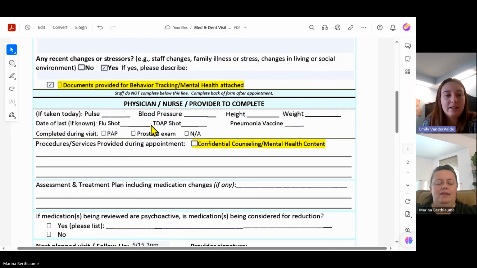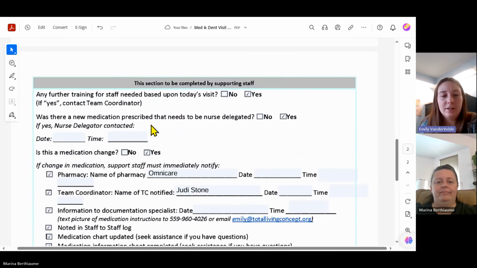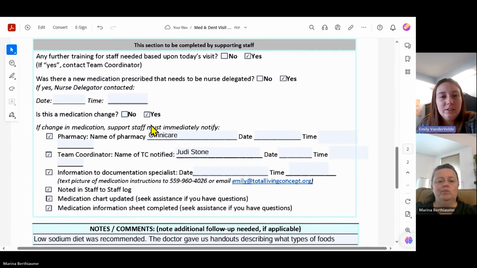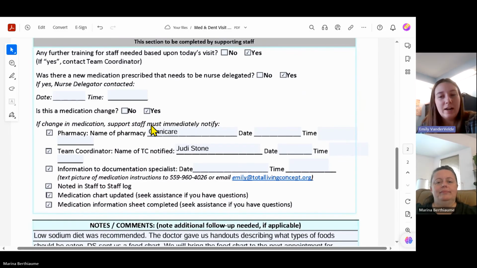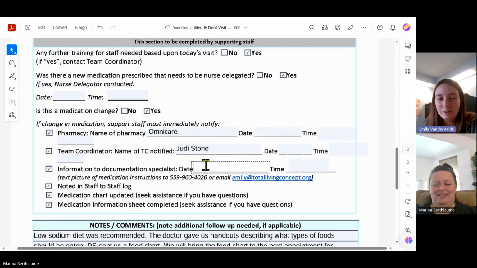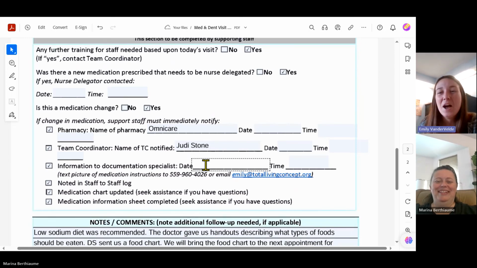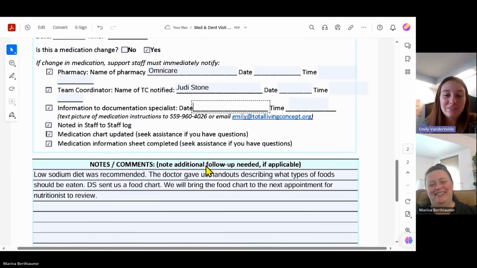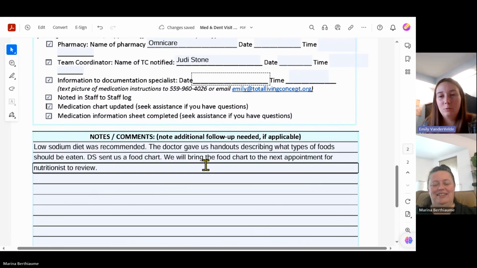And then on the back of the form, if you ever are in doubt of whether you need to contact someone, contact someone. Because if you don't know for sure that you don't have to contact someone, then just go ahead and do it. It's better to overshare with your team coordinator or the nurse or the documentation specialist than not share information, because then you'll be held responsible for not sharing that information, and that's not good.